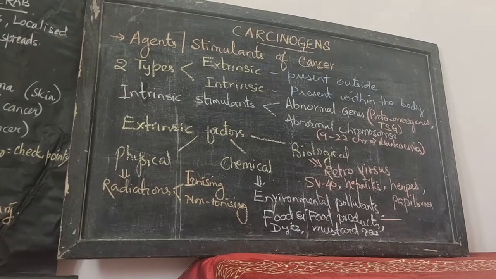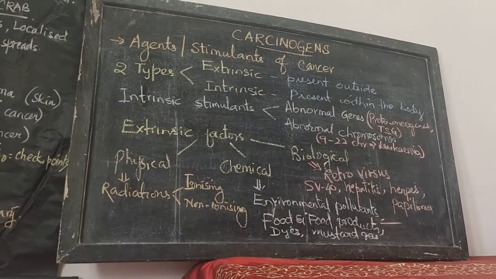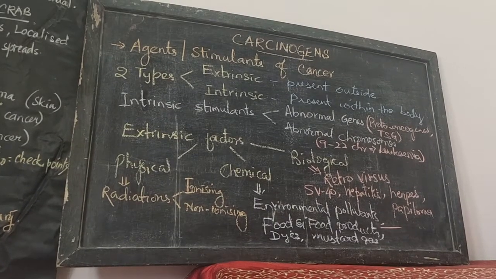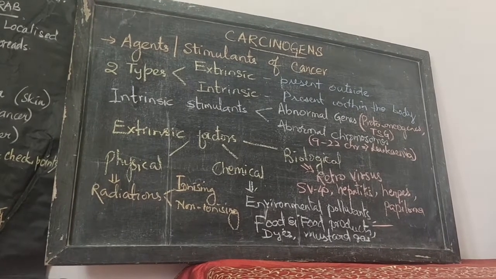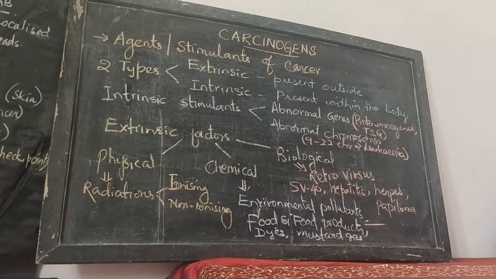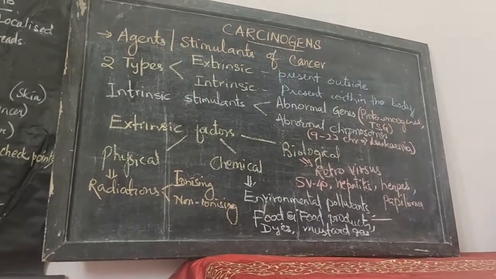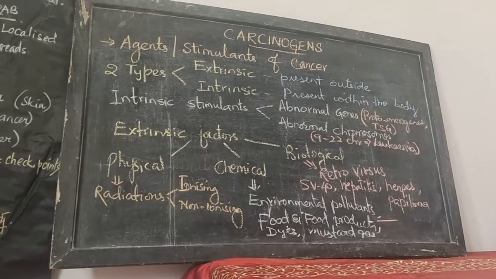Exposure to asbestos sheets or asbestos chemicals will induce lung cancer. Exposure to soot, the black color smoke, will lead to skin and lung related cancer. Exposure to aflatoxins will lead to liver cancer.